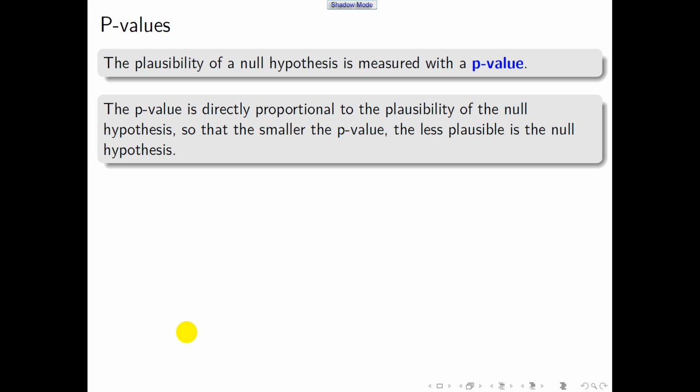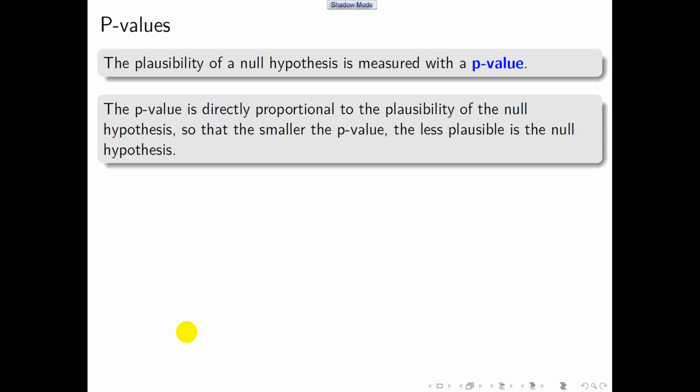The p-value is directly proportional to the plausibility of the null hypothesis. What does it mean? It means that if the p-value is bigger and bigger, the plausibility of your null hypothesis is more and more. If the p-value is small, your null hypothesis is less plausible.